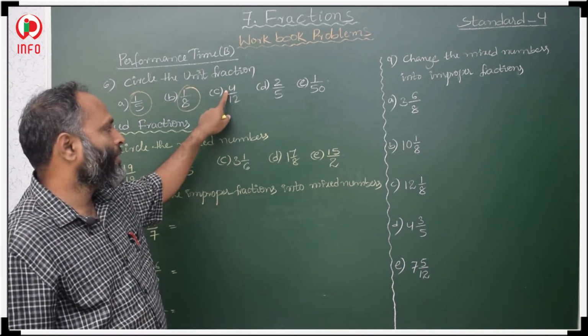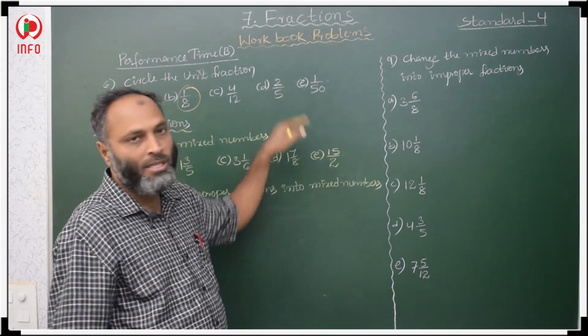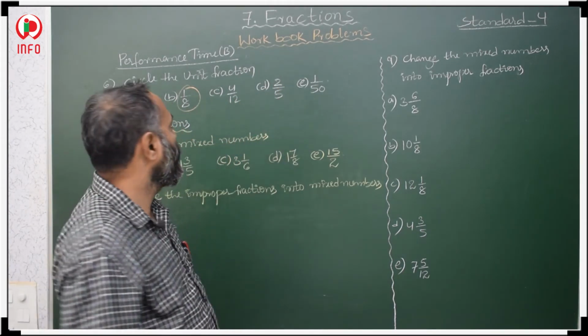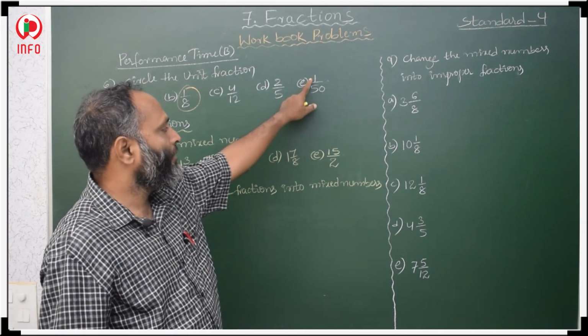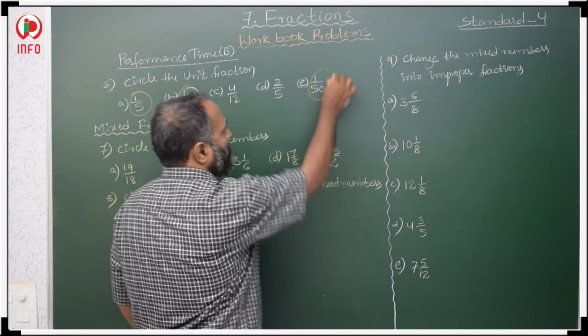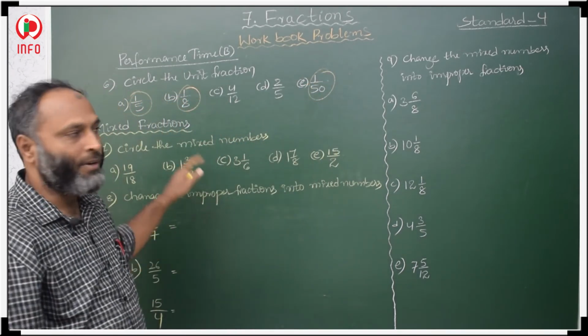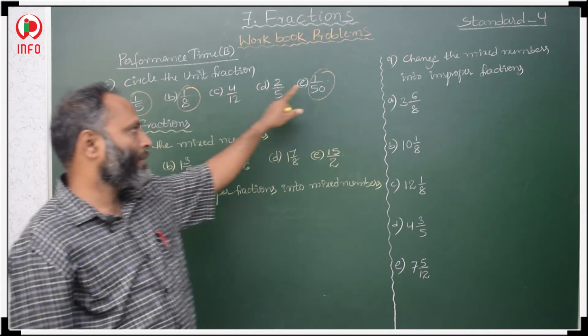Numerator is 4, it is not a unit fraction. Numerator is 2, it is not a unit fraction. Then here the numerator is 1, this is a unit fraction. So these three fractions are unit fractions: 1 by 5, 1 by 8, 1 by 50.